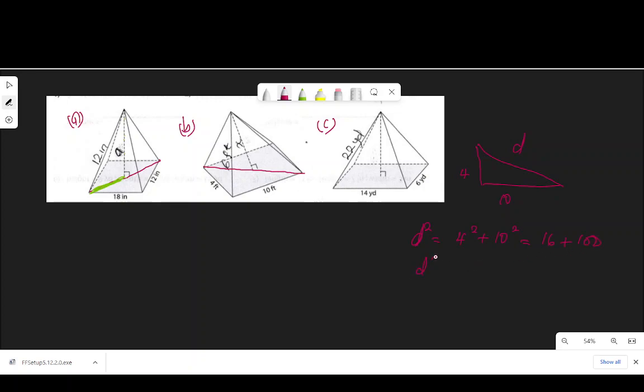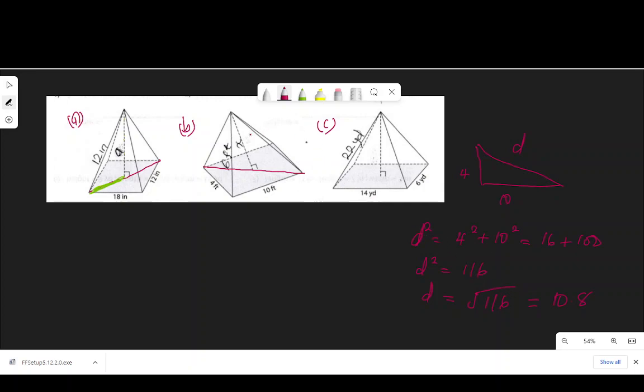And 16 plus 100 is 116. D therefore is the square root of 116, which is 10.8 approximately. 10.8 feet is the diagonal of this triangle.